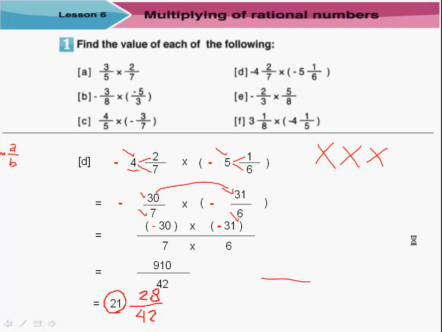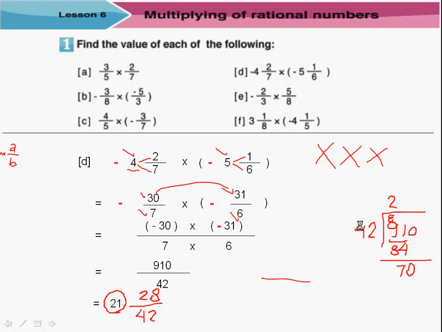Or you can use this way. You want to divide 910 by 42. 91 divided by 42. If we try 2, it will give us 84. 91 minus 84 is 7, and we bring down the 0.